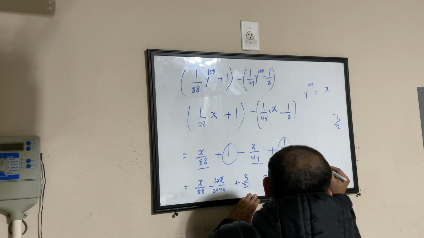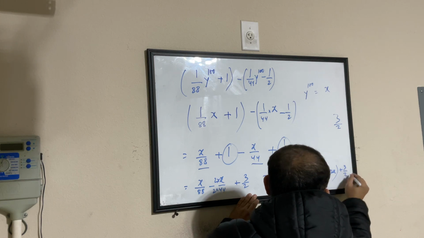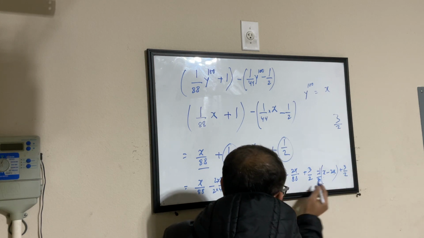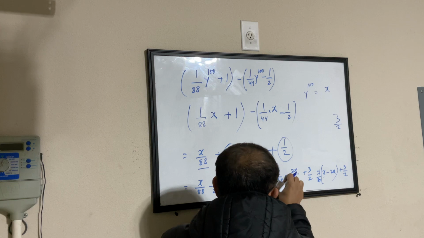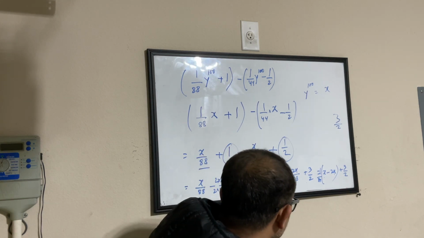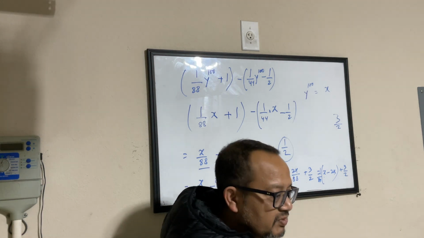Here I can take 1 by 88 common and it becomes x minus 2x plus 3 by 2. So x minus 2x is minus x, into 1 by 88, is minus x by 88 plus 3 by 2. And your x is nothing but y to the power 100, so I will just replace this. All of you who got minus 1 by 88 times y to the power 100 plus 3 by 2 have the right answer.